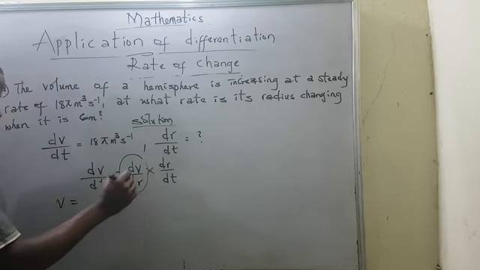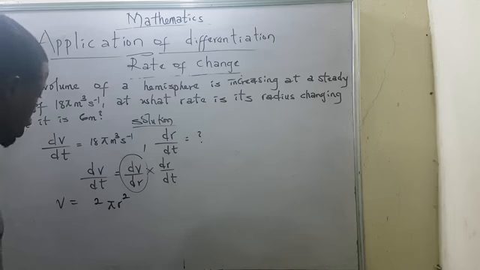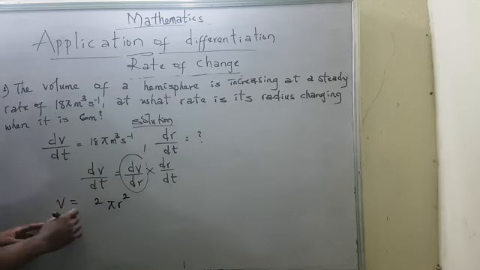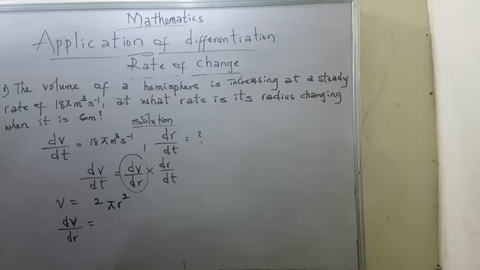So if you differentiate this, you have dV/dr. What happens? You are not to just differentiate anyhow. You get? So the volume of the hemisphere is 2 over 3 pi r raised to power 3.